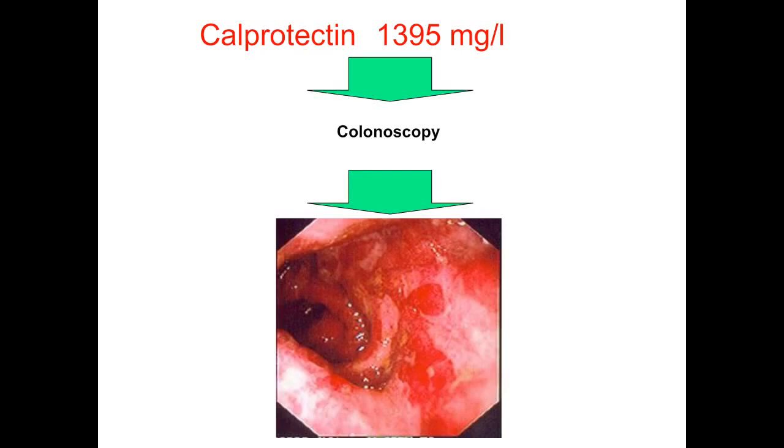So I did a colonoscopy, and what did we find? A severe active Crohn's disease in the lower part of the small intestine, what we call terminal ileum, which is a very common place for Crohn's to be active. So what would have happened to this woman if we hadn't done the Calprotectin test? Most likely she would have developed a stricture, which is because of connective tissue.